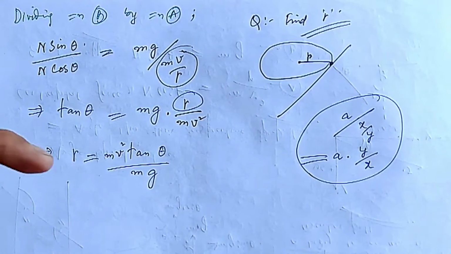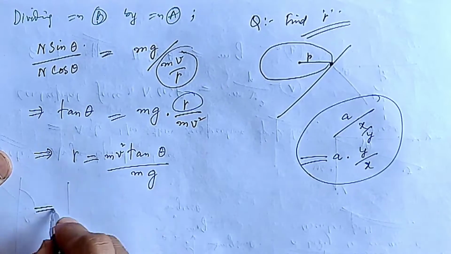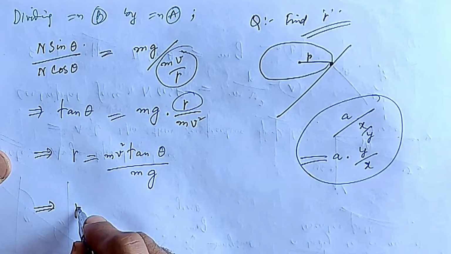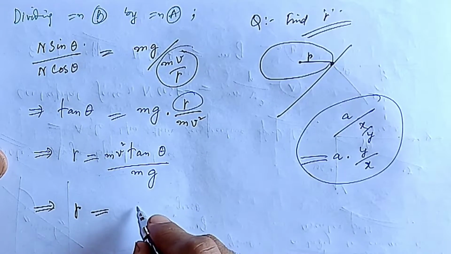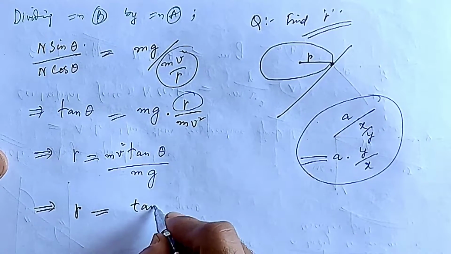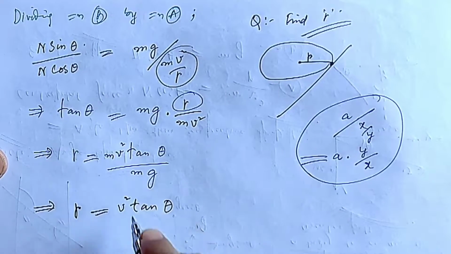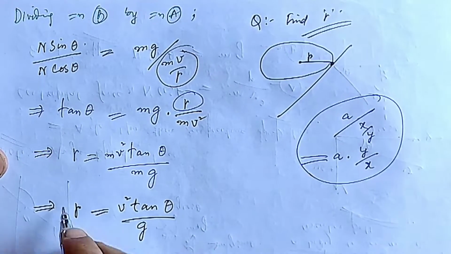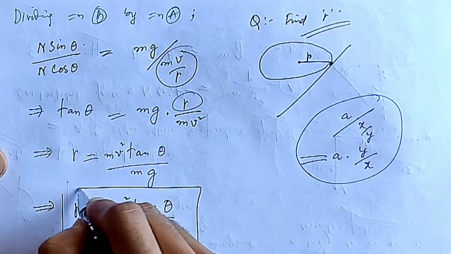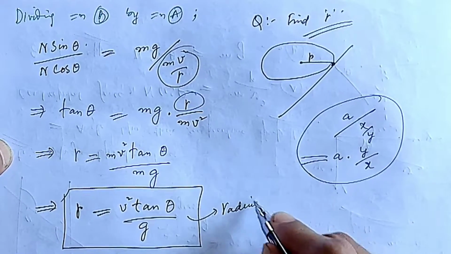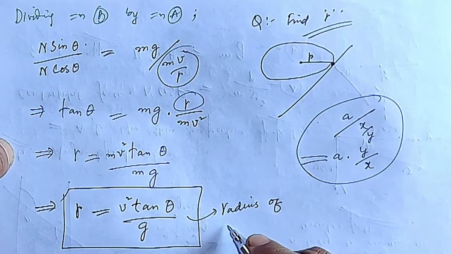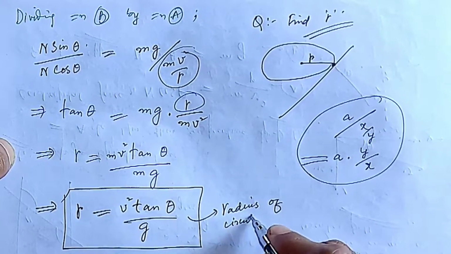M and m cancel, so the final result is that the radius of the path will be equal to tan of theta v squared divided by g, the gravity of the earth. So this will be the radius of the circular path.